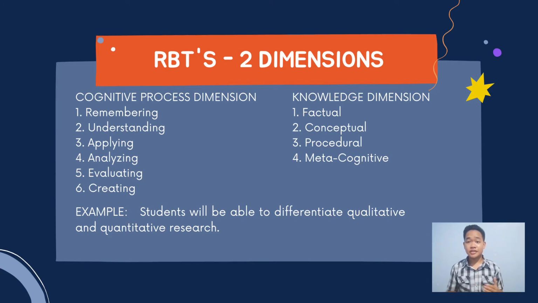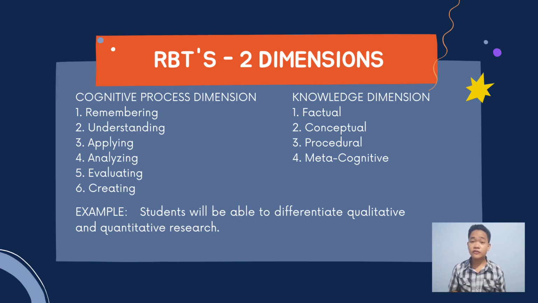As a summary, here are the two dimensions of revised Bloom's taxonomy. The first one is the cognitive process dimension, which refers to the mental processes involved in the gaining of knowledge and comprehension. On the other side, we have the knowledge dimension, which pertains to the type of knowledge. So to connect these two, we have an example here: students will be able to differentiate qualitative and quantitative research.